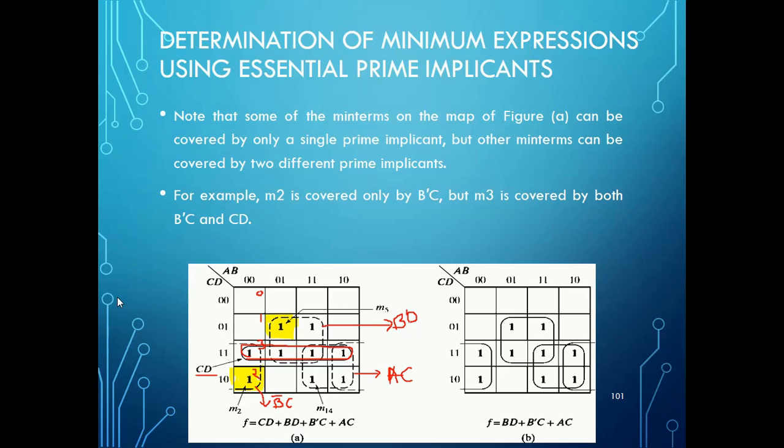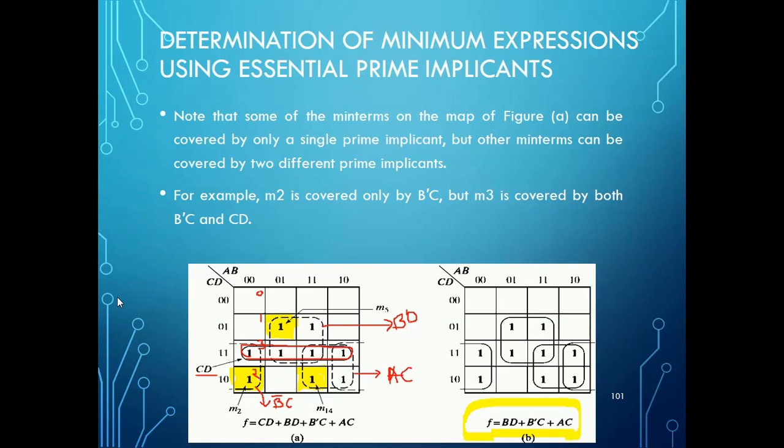And next thing, if you are seeing here, this one is included for AC. So that's why B bar C, BD and AC are included in the final expression. That is how you find the essential prime implicants and you form the final answer.